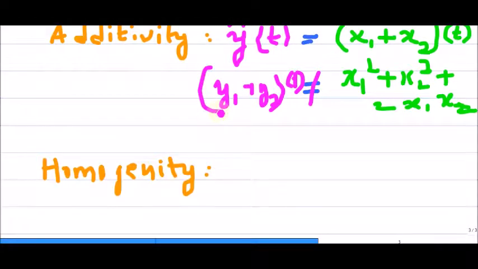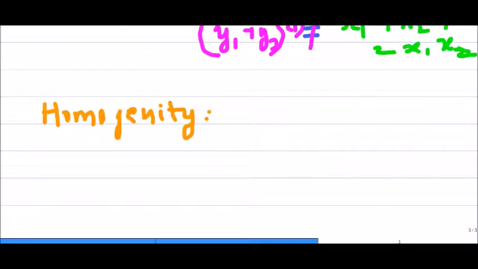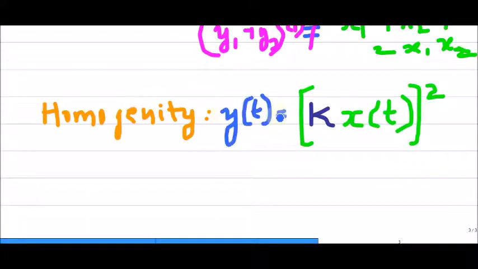Now, let us check for homogeneity of the same system, which is defined by y of t equal to x of t squared. To check for homogeneity, we scale the input by k. Our input is k x of t, which is squared to get the output y of t.